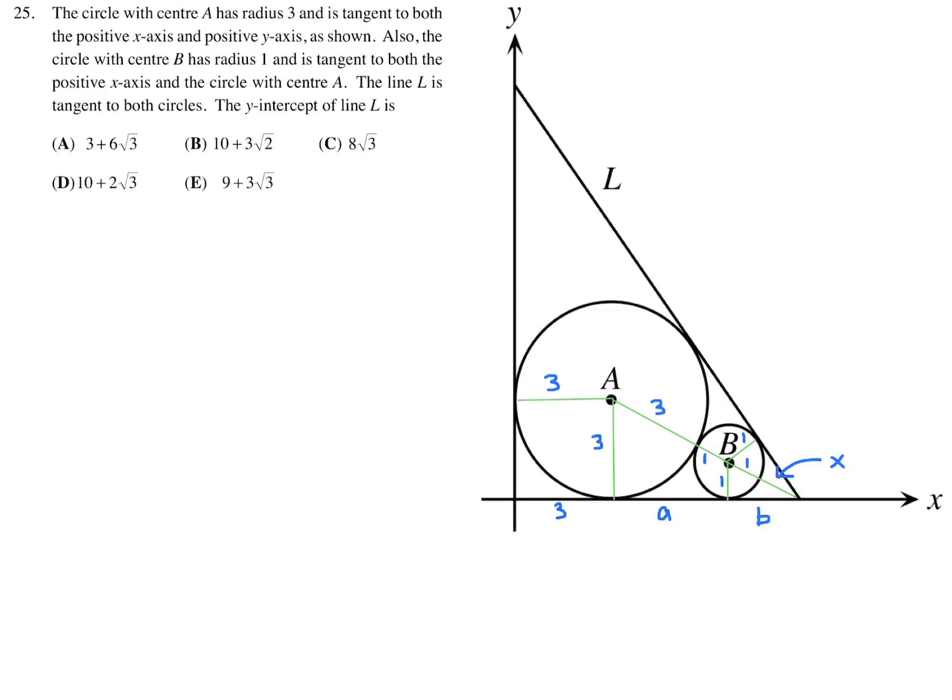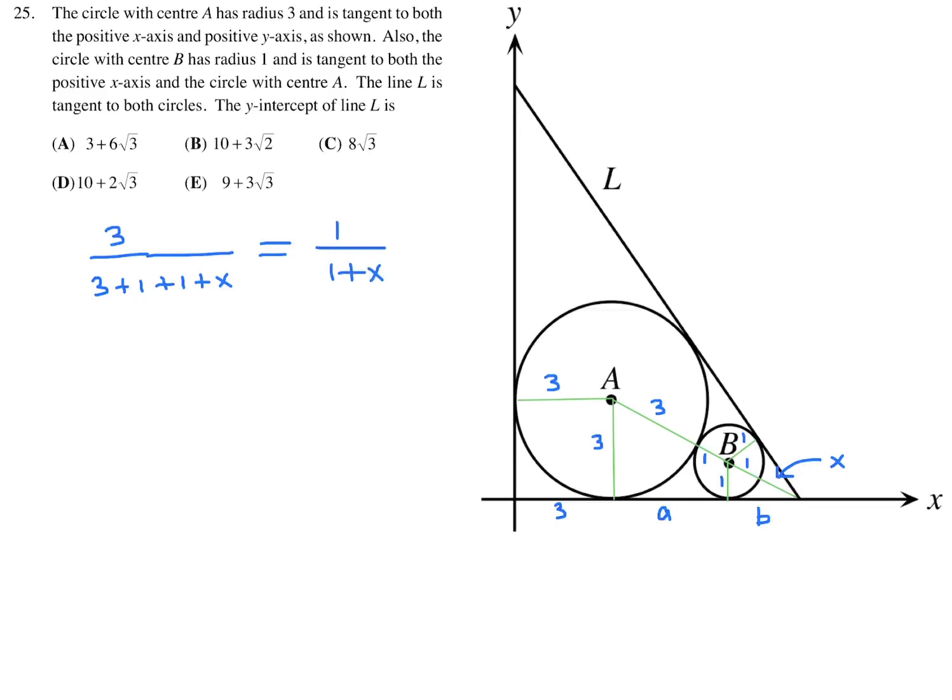So in the first one, we've got 3, which is the height, and the hypotenuse, which is 3 plus 1 plus 1 plus x. From here to here is 3, then we got 1 plus 1, and then finally that little x there. And that is equal to the ratio of the height and hypotenuse of the little guy. So 1 over 1 plus x.